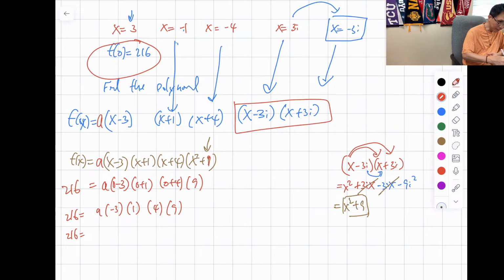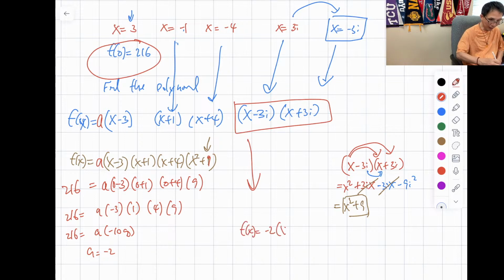Is it? a times negative 108. And a is equal to negative 2. We end up finding this new polynomial: f of x is equal to negative 2 times x minus 3, x plus 1, x plus 4, and x squared plus 9. And if you distribute everything else, I usually combine those two first, so it makes it easier to evaluate. So you actually find a polynomial.